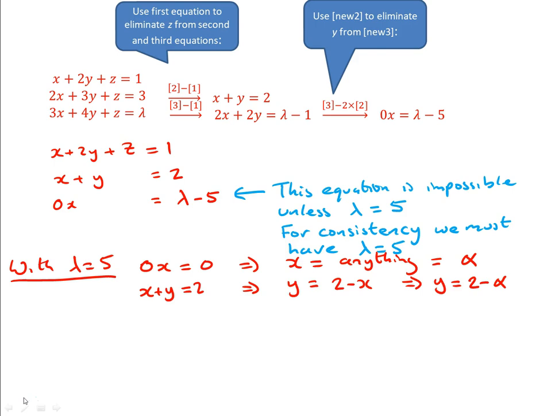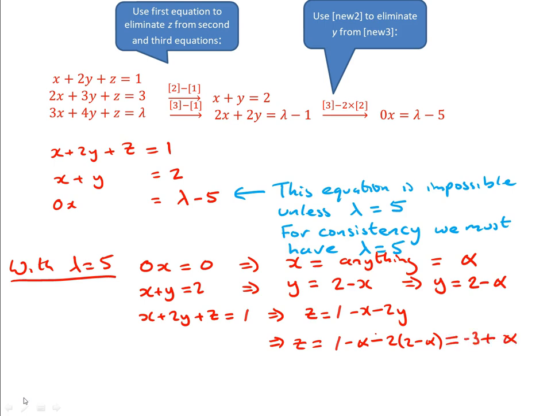Then the equation x plus y equals 2 tells me that y must be 2 minus x. In other words, y must be 2 minus alpha. The equation x plus 2y plus z equals 1 tells me that z must be 1 minus x minus 2y, which is 1 minus alpha minus 2 lots of 2 minus alpha, which simplifies to z equals minus 3 plus alpha.